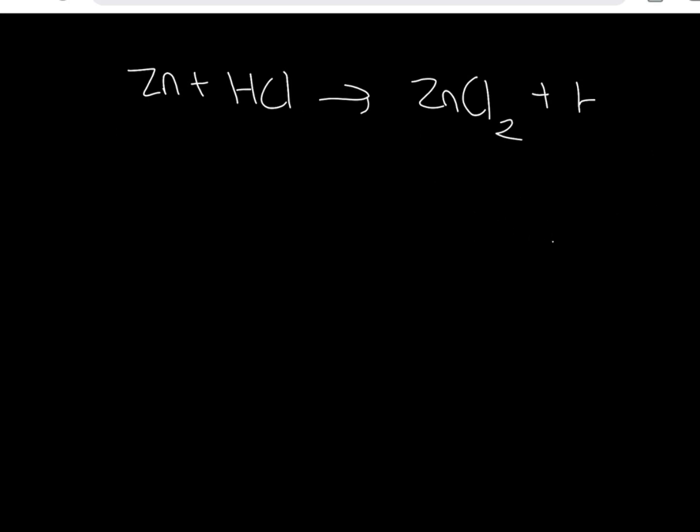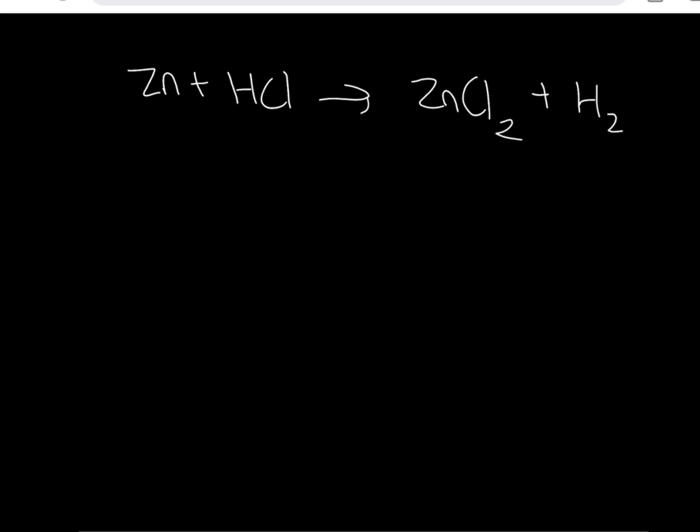Now, when you're trying to balance a chemical equation, you want to make sure that the elements or compounds on the left side are the same as the amount of elements on the other side.